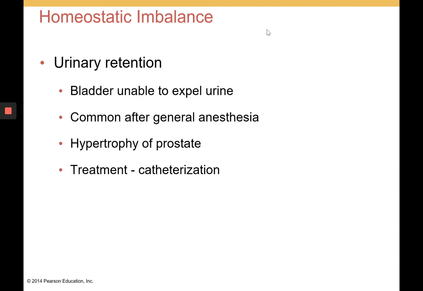Urinary retention does happen usually after a treatment that uses anesthesia or because of hypertrophy of the prostate in males, but it's just when the bladder is unable to expel urine. Usually this can be treated with catheterization. And that's going to be it for Part B of the urinary system.